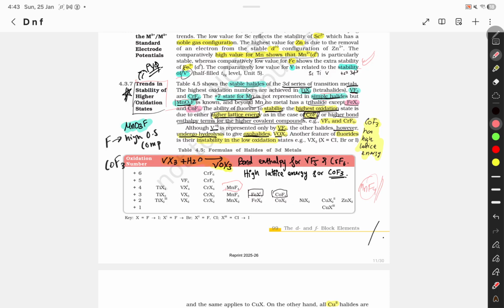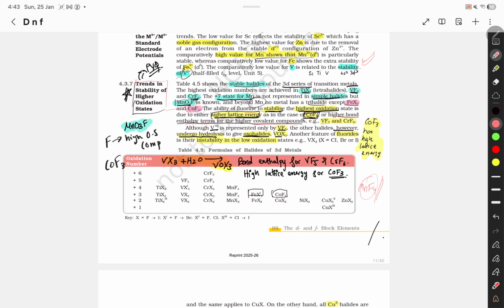So one thing that we always forget is that VX3 plus H2O gives VOX3, which is a very pleasant thing to see. And COF3, why is fluorine able to stabilize COF3? It is because of high lattice energy and high bond enthalpy terms for the higher covalent compounds.